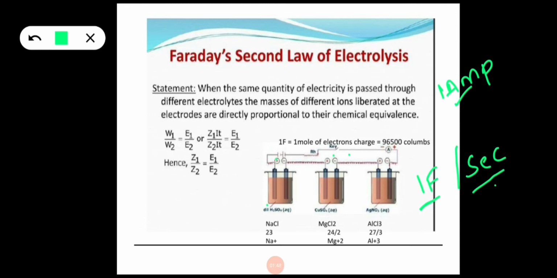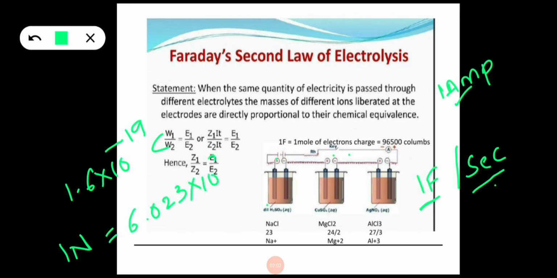We know that the charge of 1 electron is 1.6 into 10 to the power of minus 19 coulombs. 1 mole of electrons will have how many electrons? 6.023 into 10 to the power of 23 electrons.